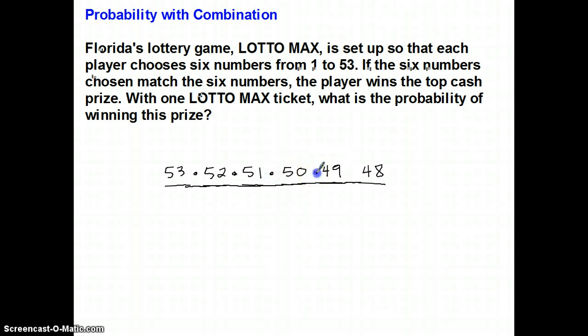But this is not a permutation. Order does not matter in this case. And so what we need to do is divide by the number of ways in which we can arrange those 6 numbers. And that means that we're going to have to divide by 6 factorial, which is 6 times 5 times 4 times 3 times 2 times 1.